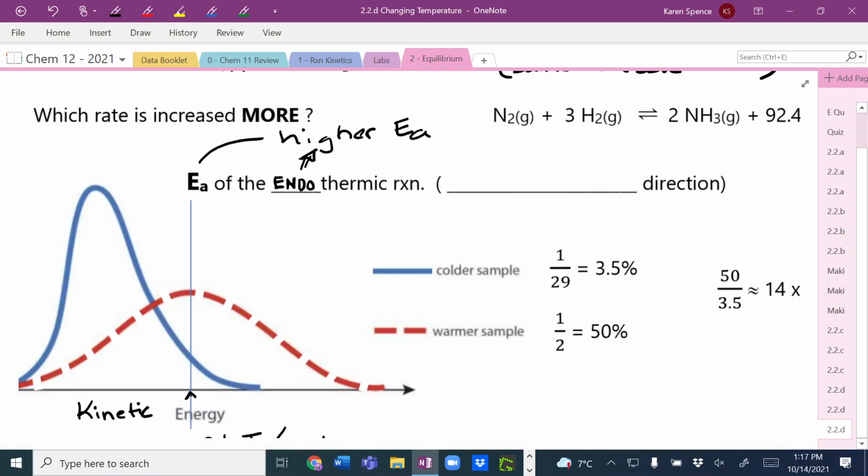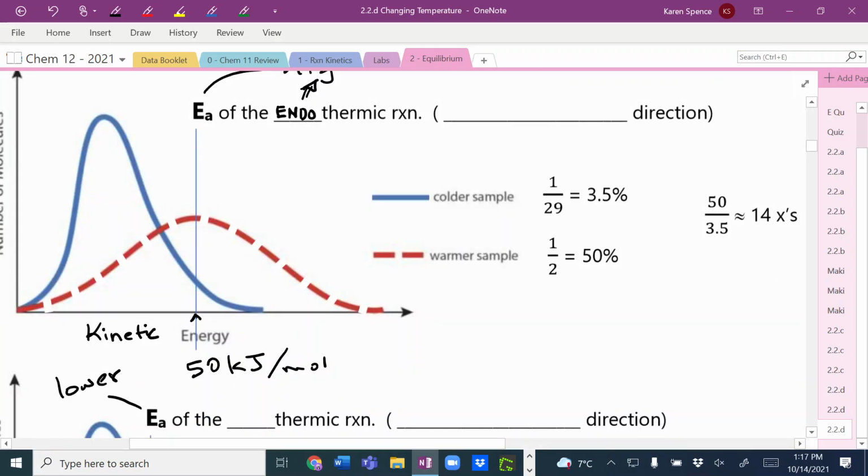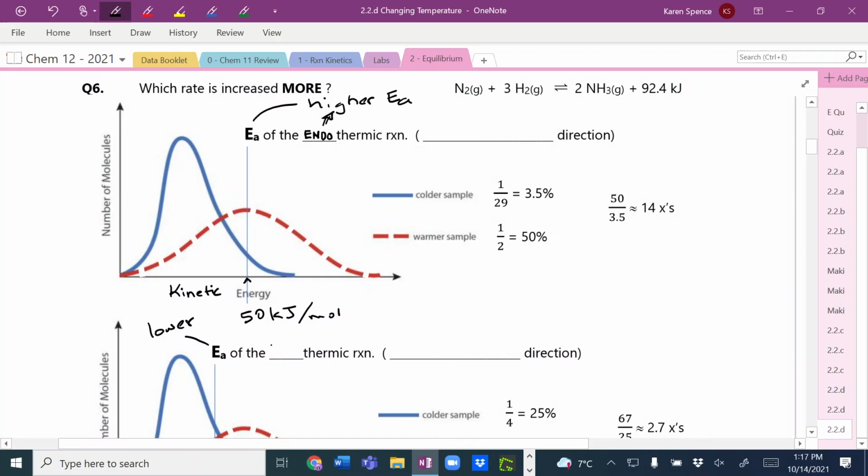And the other one is going to be the exothermic reaction because it has the lower EA. Now, if we're looking at our specific reaction, the endothermic direction is the reverse. And the exothermic direction is the forward.